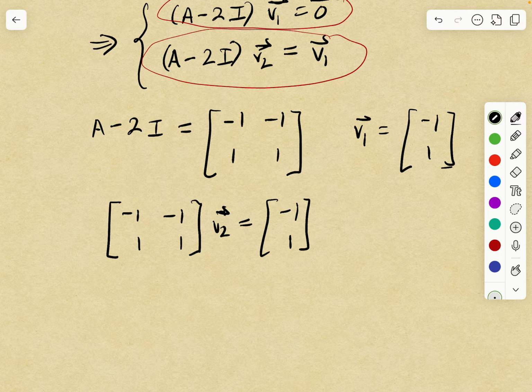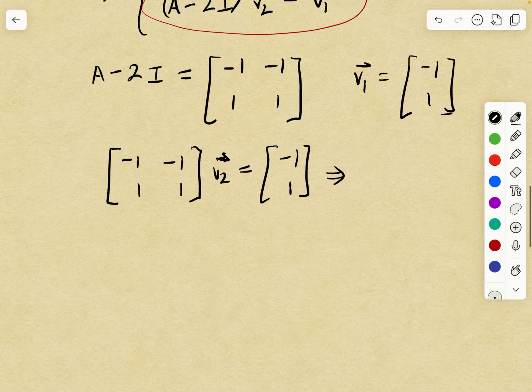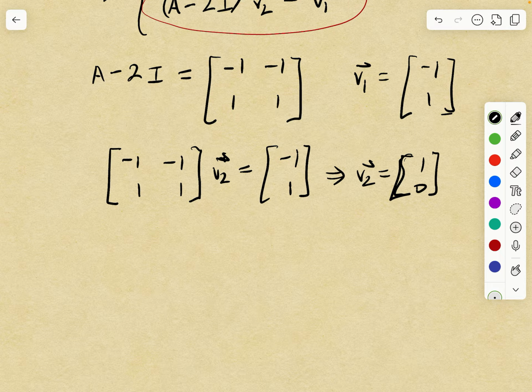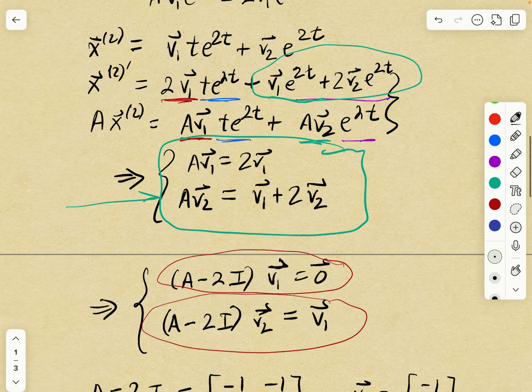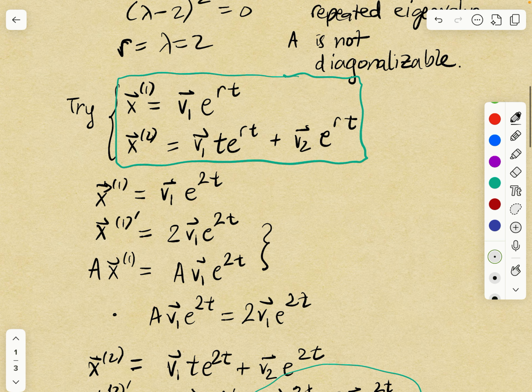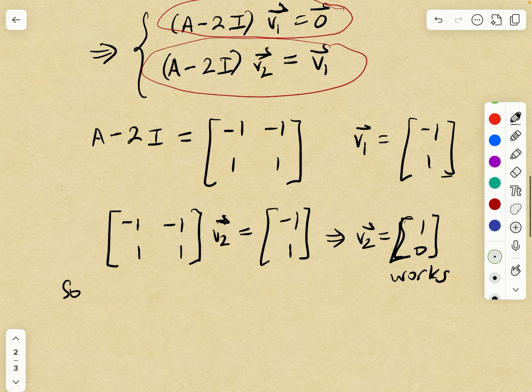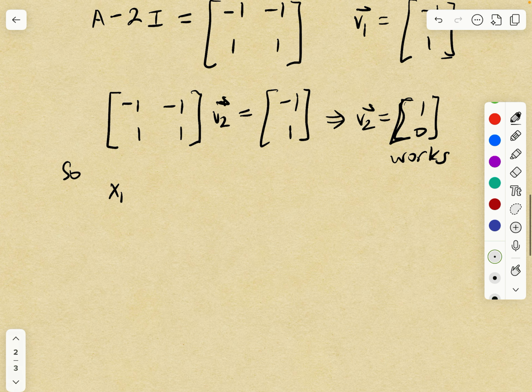We need to solve for v2. Well, from this equation, we see that v2 could be 1, 0. Right? This is going to work. So now we have our v1 and v2. That's going to give us our x1 and x2. So these will be linearly independent.